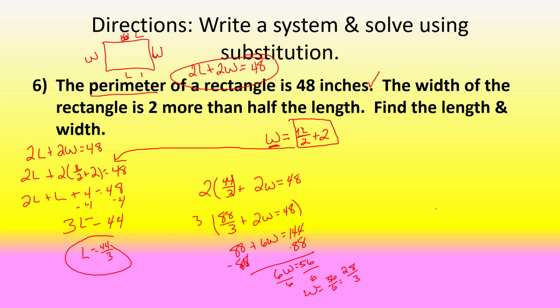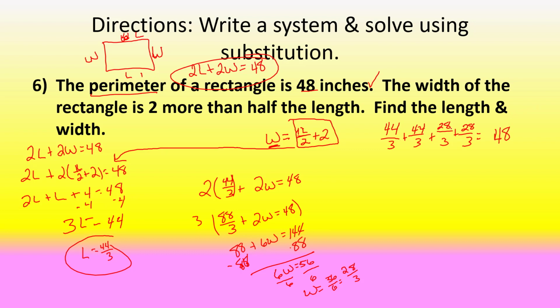Now the question of the day, will these add up to the correct 48 inches? So remember, we need a length, 44 over 3, plus 44 over 3, plus a width, 28 over 3, plus 28 over 3. And we want that to all equal 48 inches.